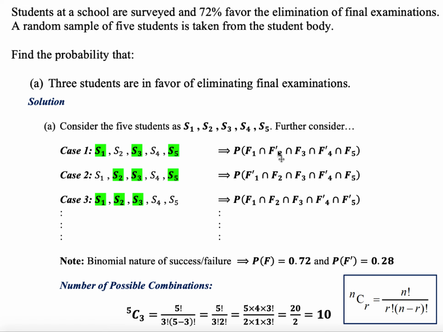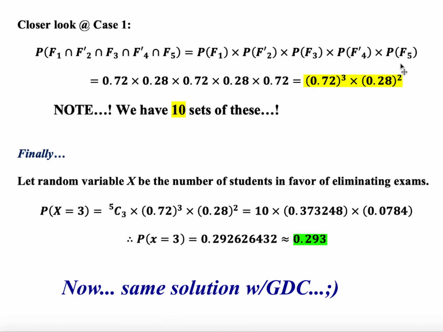We're going to look more closely at case 1 because when it comes to each of these respective cases and the probabilities that are involved, well, you can kind of see a probability of A and B kind of flavor to what's going on here, where it's actually the probability of first and second and third and fourth and fifth, and that's going to end up leading to some multiplication. So we'll look more closely at what's going on here on the next slide.